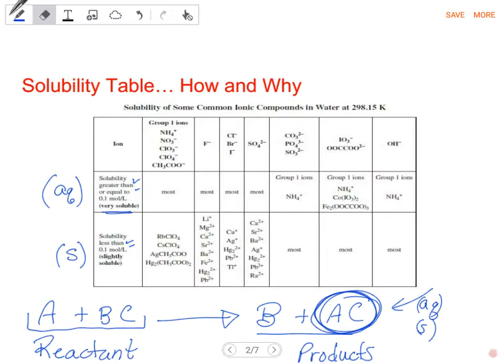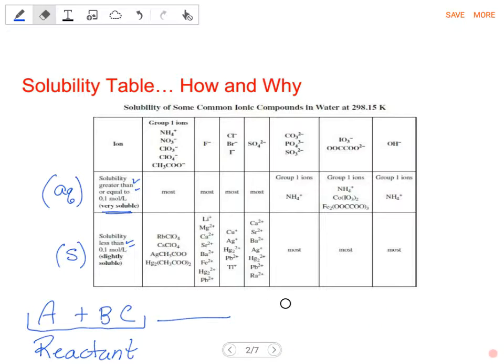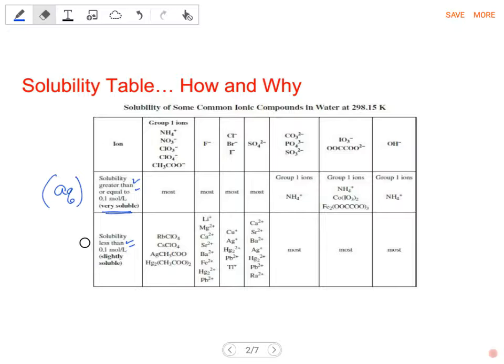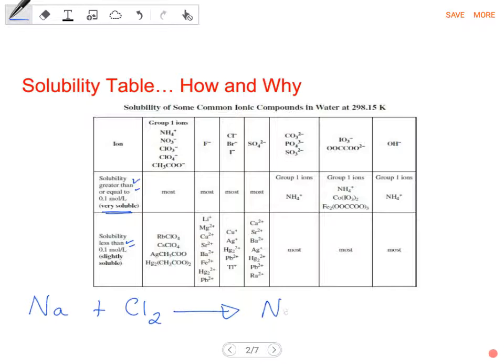One other rule of thumb I think we can stick with right now is some other little pieces of information. I'm just going to give you a basic example. Let's say you have sodium plus chlorine, like we've done 10 million times. Remember, chlorine has to have a 2. Sodium is a metal.